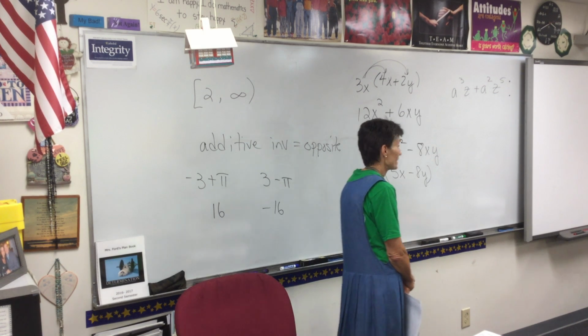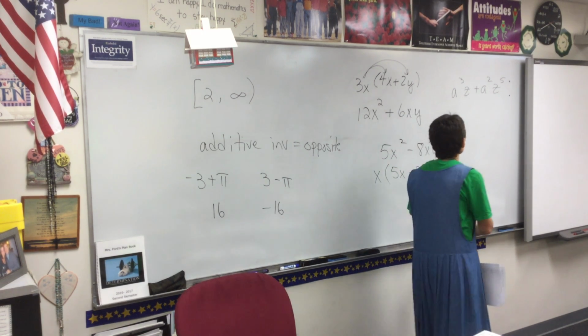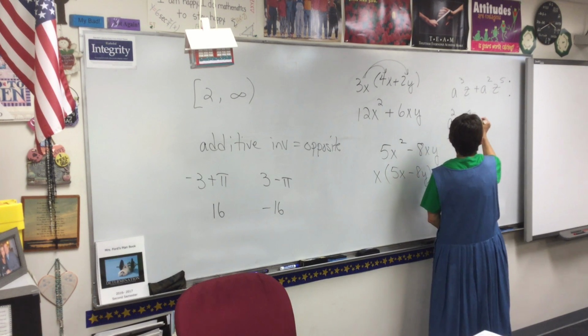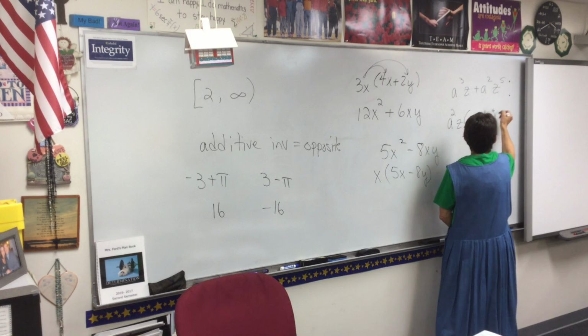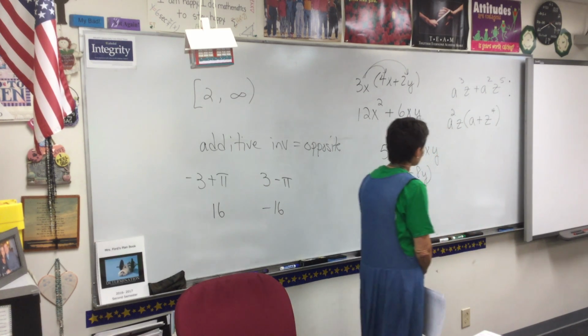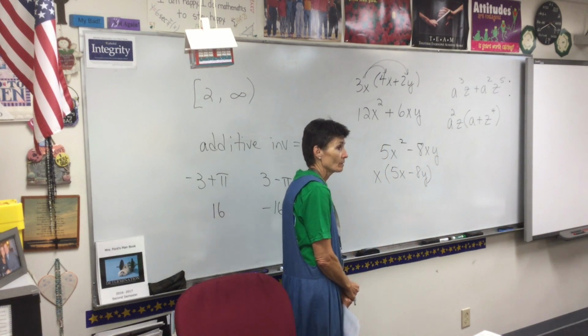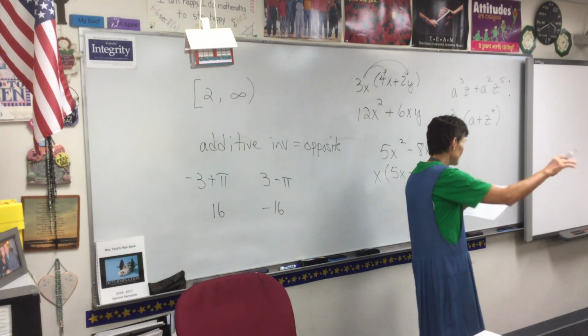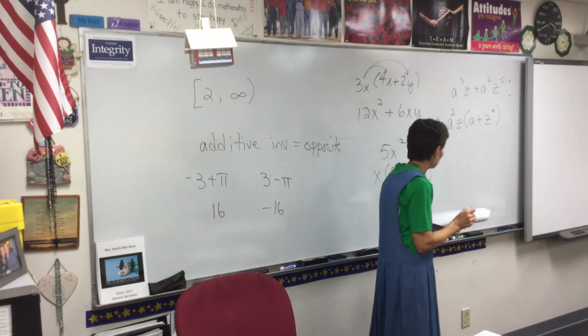All right, who's got an answer you're willing to share? Jacob? A squared z, parentheses, a plus z to the 4th. What do the rest of us think? We good with that? Perfect, beautifully done. All right, do D, E, and F.